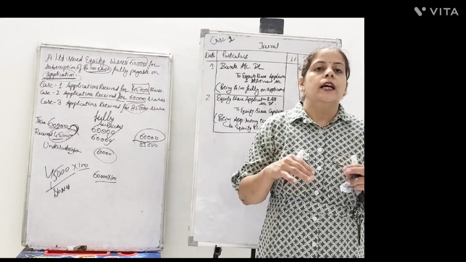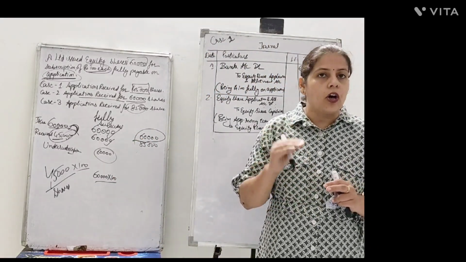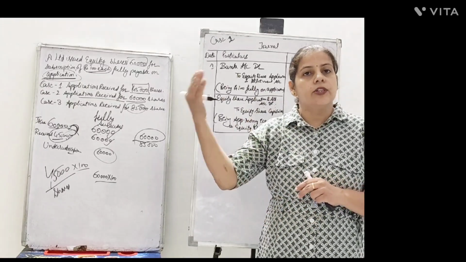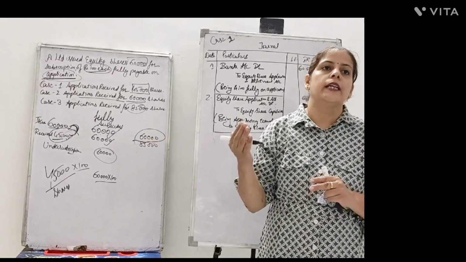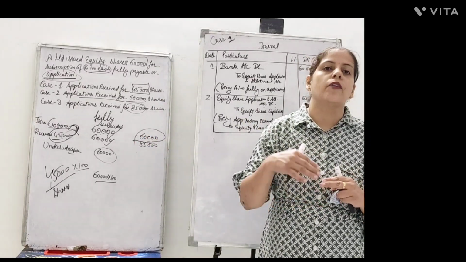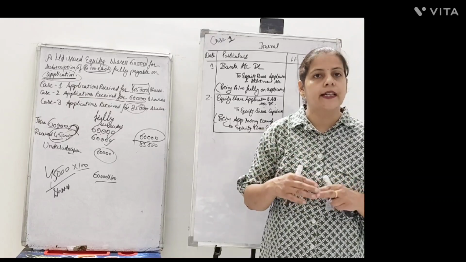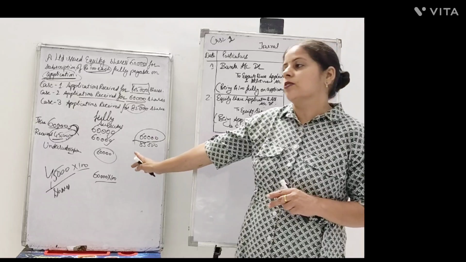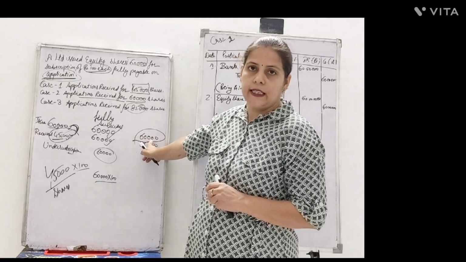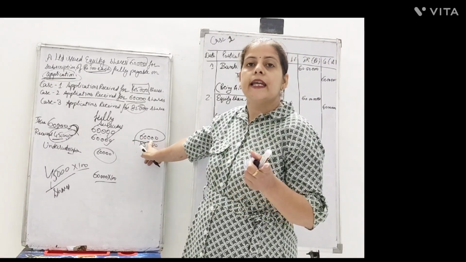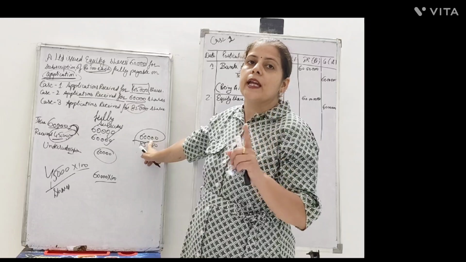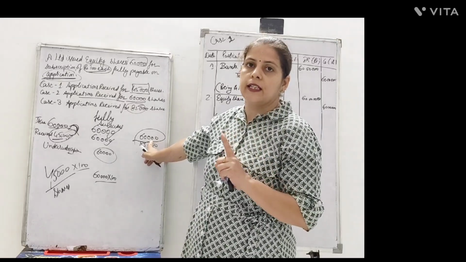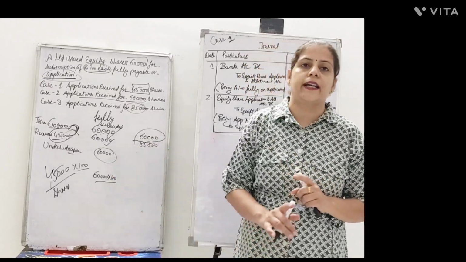Because whatever seats they have been authorized by the university affiliation, only that many seats can be admitted. Same in this case, when a company is authorized to issue 60,000 shares, then it can only make an issue with 60,000, not with 85,000.